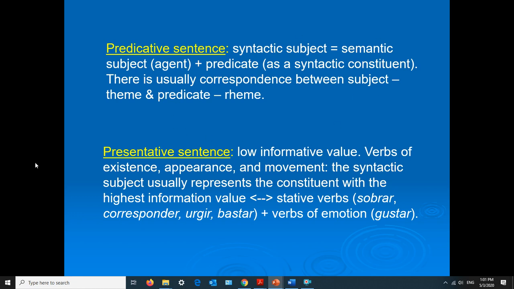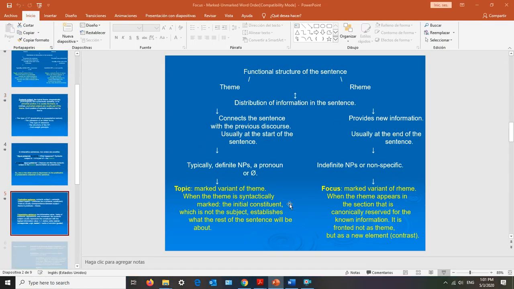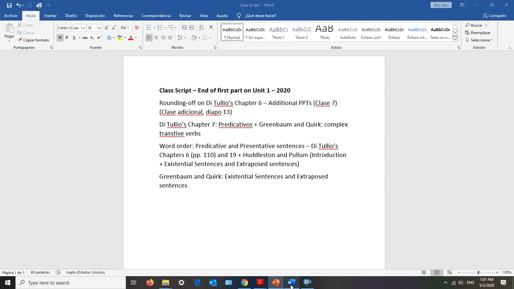Okay? Remember that these verbs are the verbs that we have already tackled, in that we have me sobra el tiempo, me gusta la gramática, la gramática del español. Vamos a hablar de la materia, me gusta la gramática.